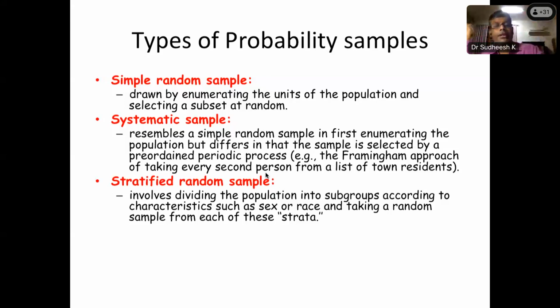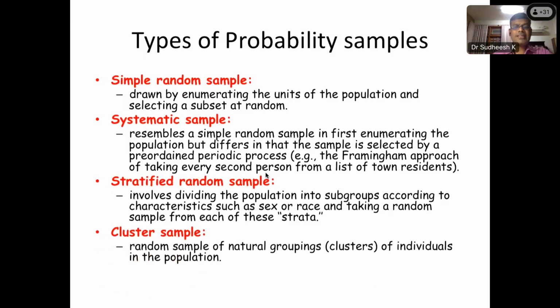So you take 10 patients from class 1, 10 from class 2, 10 from class 3, which again is random. You don't select like 1, 2, 3, 4. You randomly select student number 5, student number 8, student number 10, student number 15, like that, from each class, like class 1, class 2, class 3, class 4. So this kind of selection is known as stratified random sampling. Therefore, you get different strata of people for the study.